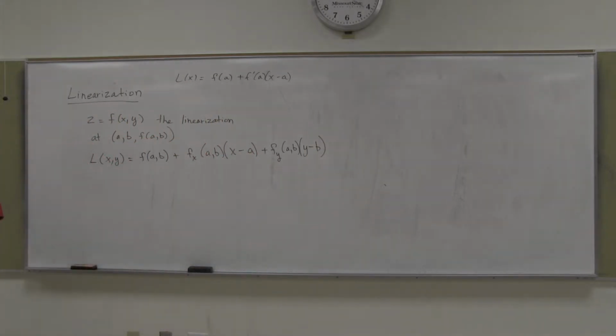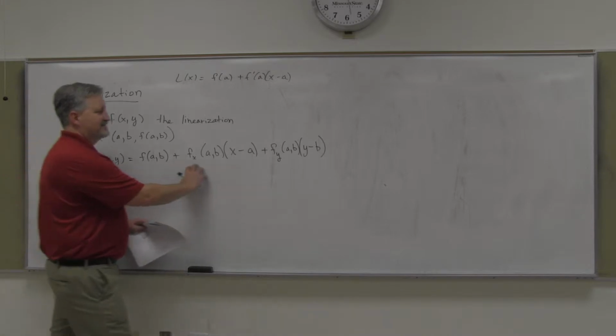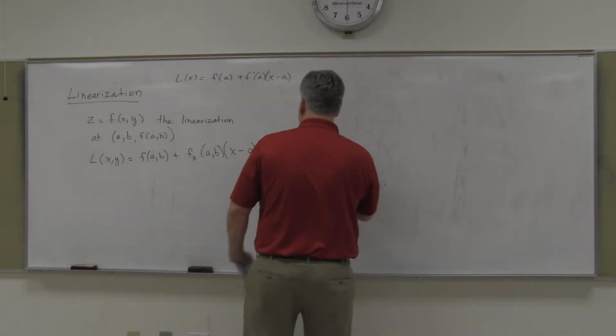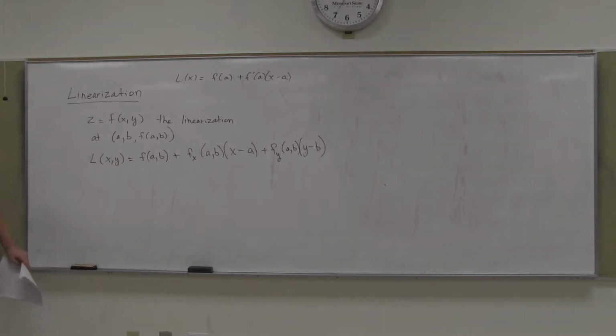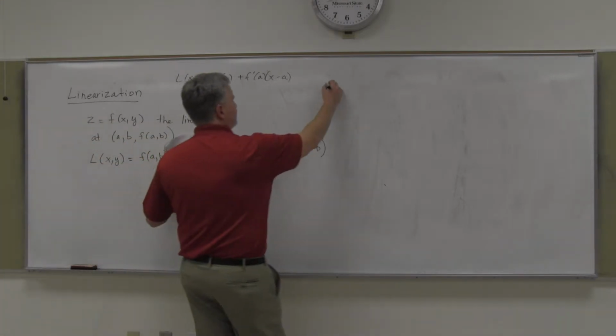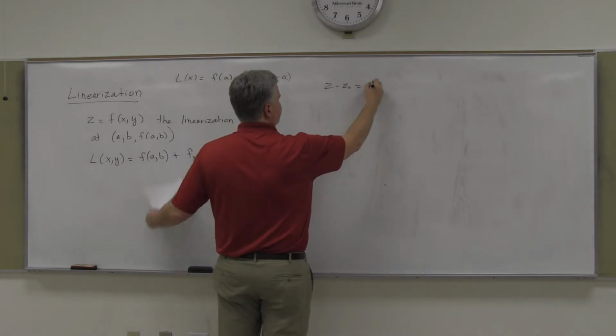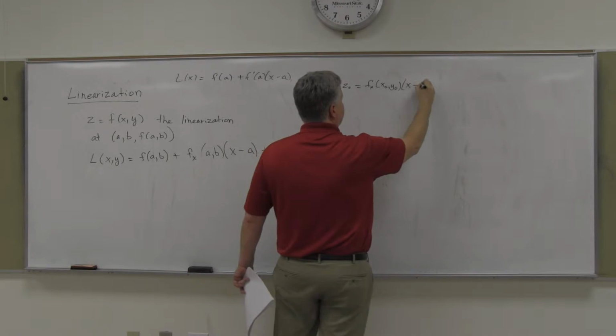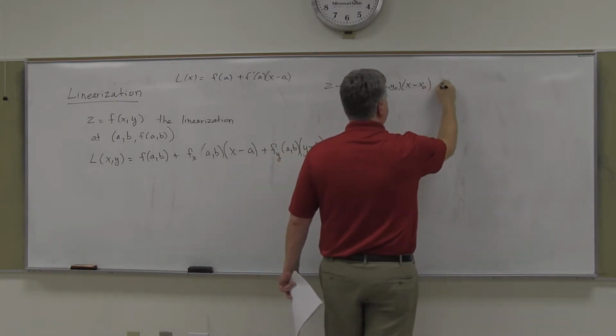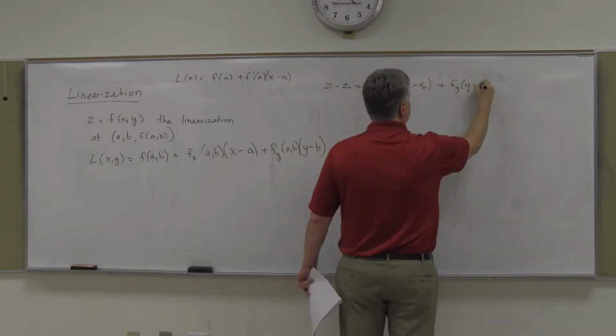It just really extends it. If you think about it, what this is right here is basically your tangent plane. Remember what we just talked about there: z minus z0 equals partial derivative with respect to x at x0, y0 times x minus x0 plus partial f with respect to y times y minus y0.